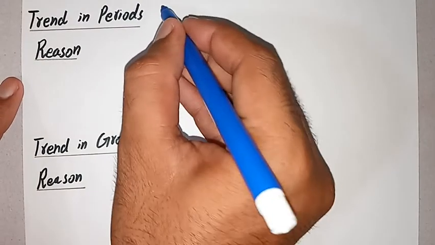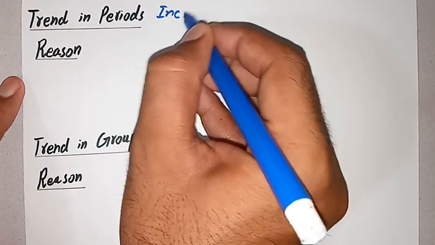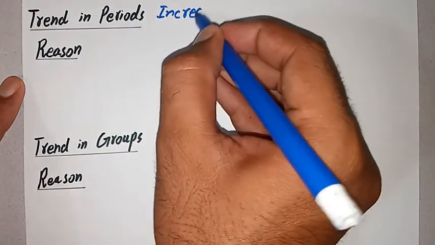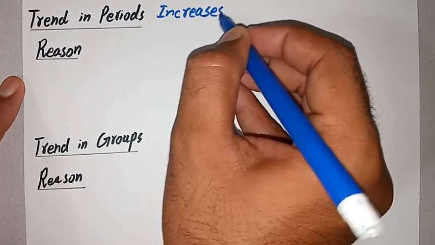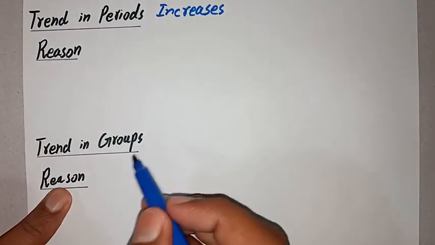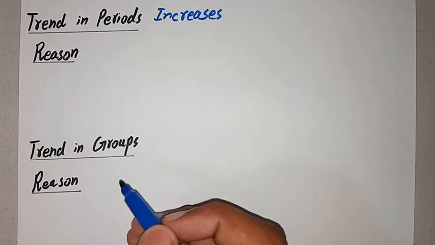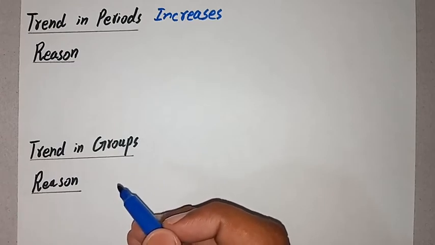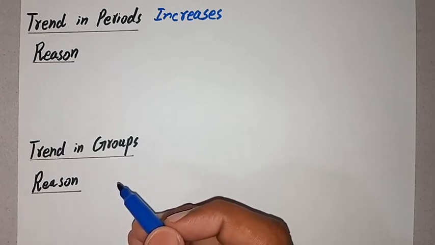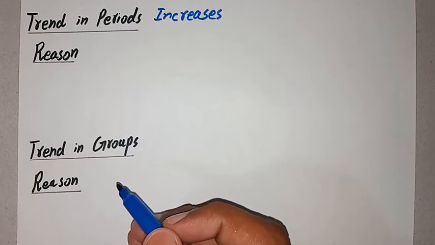Now we will discuss the trend of ionization energy in a period. Ionization energy in a period increases from left to right. Why does it increase? We have to give the reason. When we move from left to right in a period, the value of ionization energy increases.